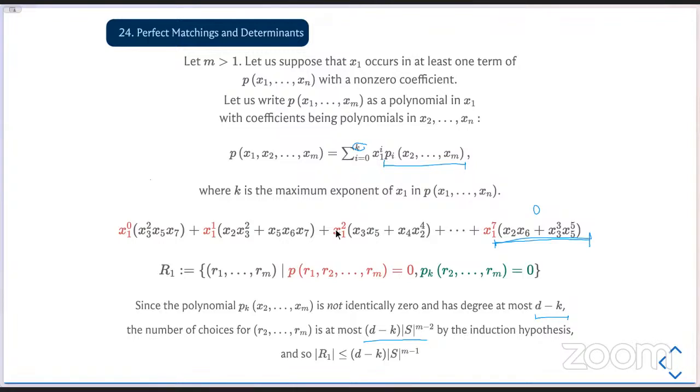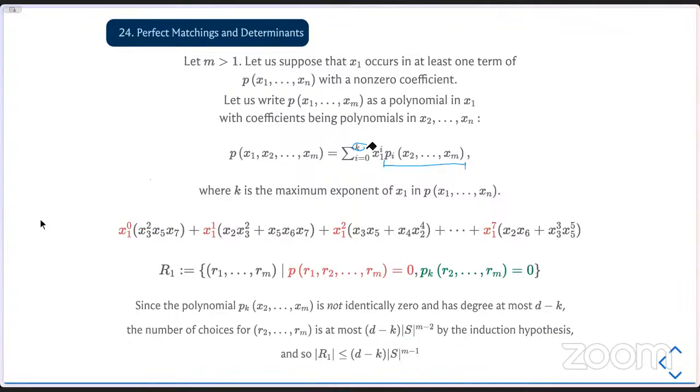Now R1 is free to take whatever values, but R1 is also sampled from S, so there are only size of S many choices for R1. We can multiply this by the size of S to see that the size of R1 is at most d minus k times the size of S raised to m minus 1, because there's now an additional size of S to account for the number of ways in which R1 can be chosen.